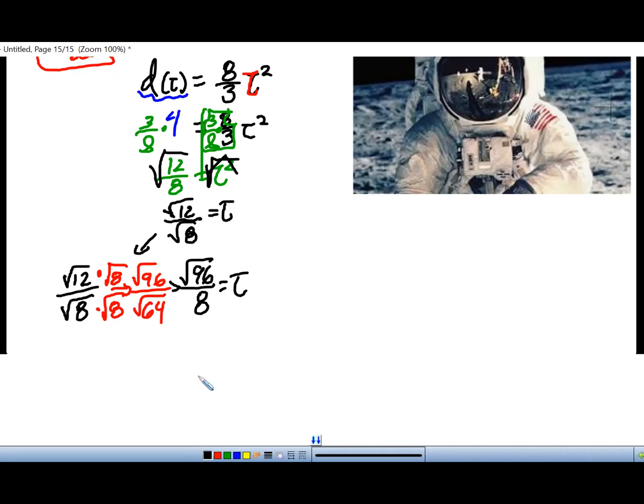But does this make sense? No. So what skill did I ask you to do after that to make it make sense? To try and do what? Approximate, right? Okay. So look at the square root of 96. What does that come close to? Michael, what number is close to 96 that we can take the square root of? What do you think?